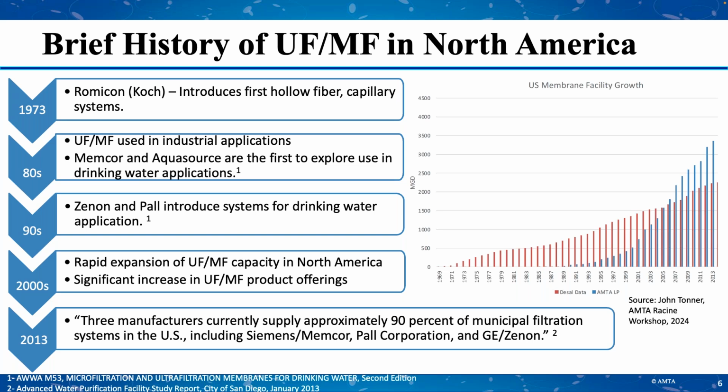So let's have a quick look at some of the history of UF and MF. Way back in 1973, Romicon, owned by Koch, was the first to introduce a hollow fiber capillary membrane system. And in the 80s, UF and MF products were mainly used in industrial applications.